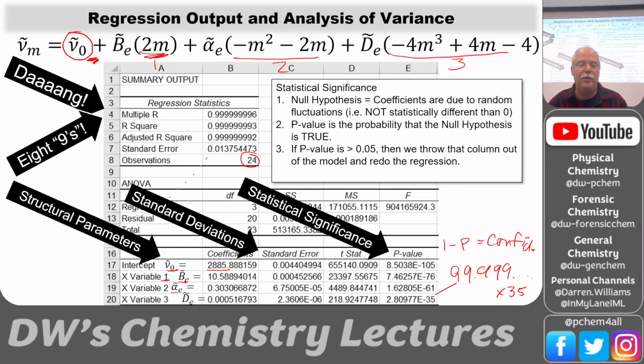And this typically happens for the intercept. So let's say you have a model here, and your data is like this, and it comes down, and your intercept is 2,885, just like ours.